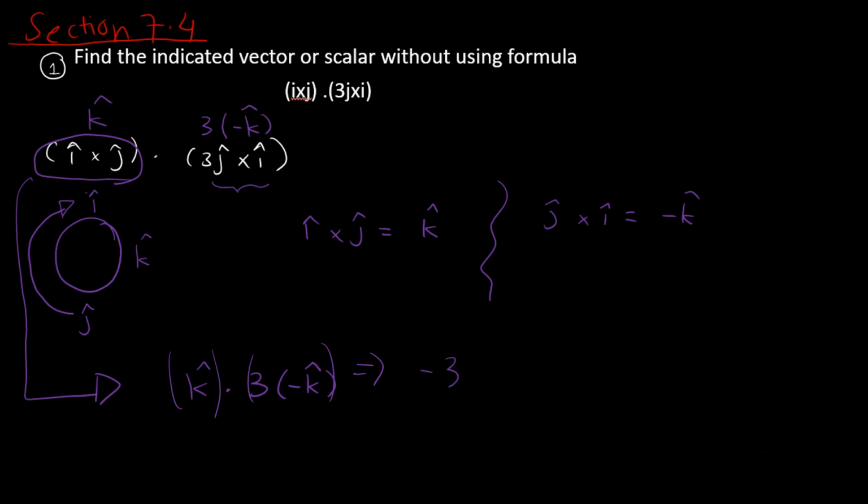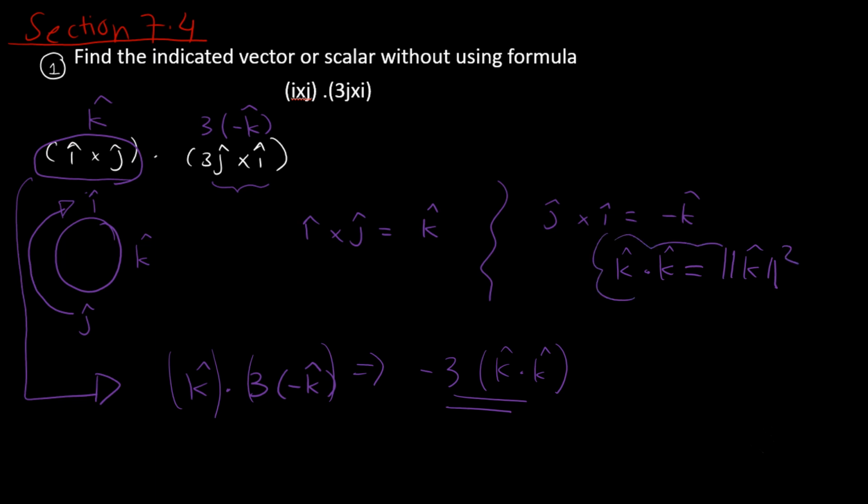In the video that I made on dot product, I told you that if you dot product a vector with itself, like i hat with i hat, j hat with j hat, it is the same as the magnitude of k hat squared.